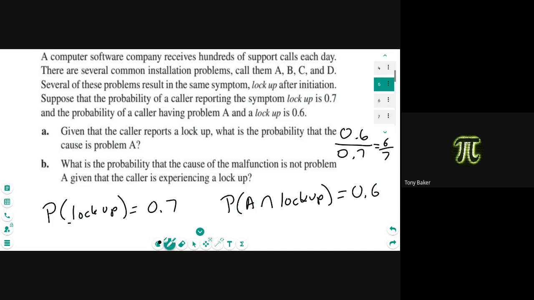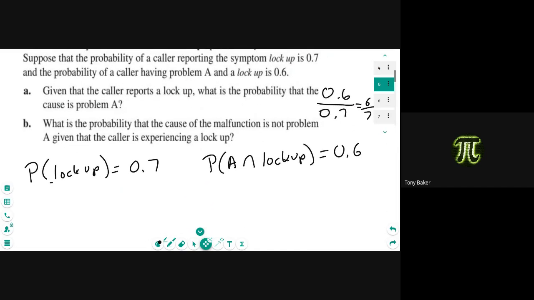What's the probability that the cause of the malfunction is not problem A? 4/7. Because I'm assuming the total would be 1, so 1 minus 0.6 would be 0.4, and then 0.4 over 0.7 would be 4/7.